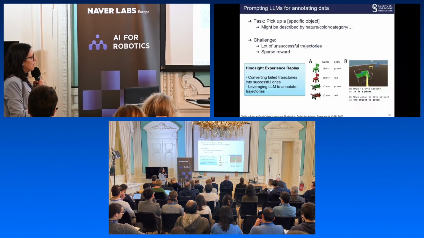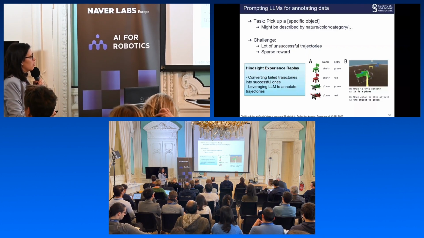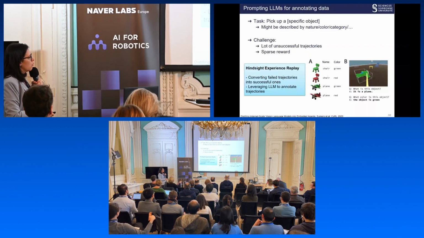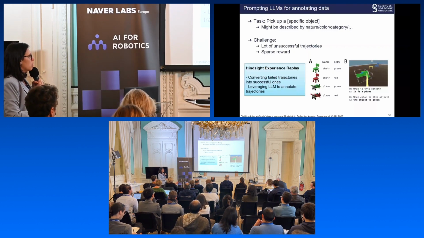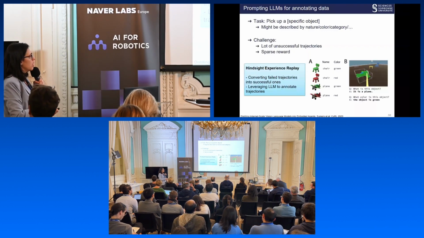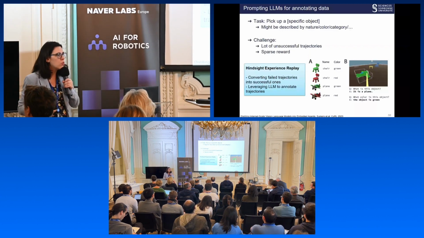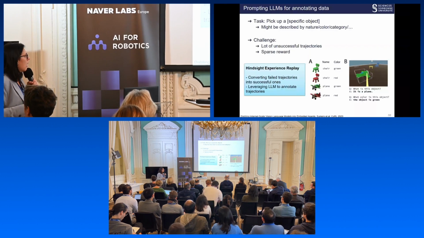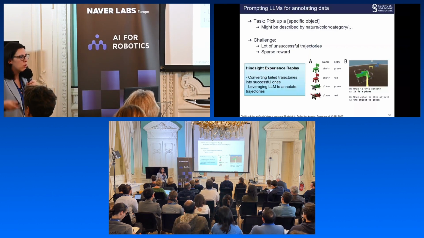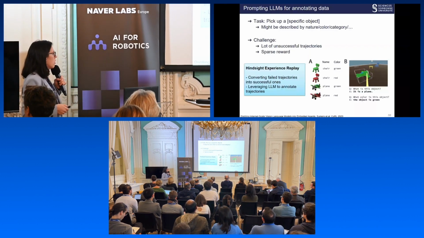And for doing that, they use prompting with a large language model, and they ask the model to identify what this object is, what the color of this object is, and so on, and to design new goals according to those unsuccessful trajectories. And then you can fine-tune the model according to those additional data.